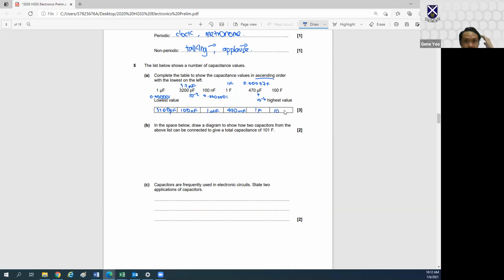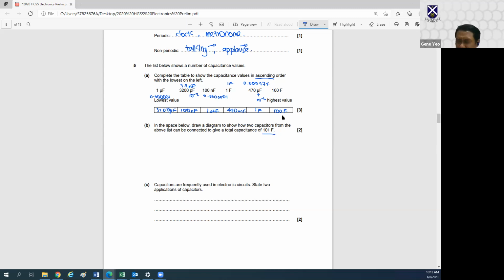Okay. Any questions on this? No? Okay. So next, how do I arrange any of these two capacitors to form 101 farad?